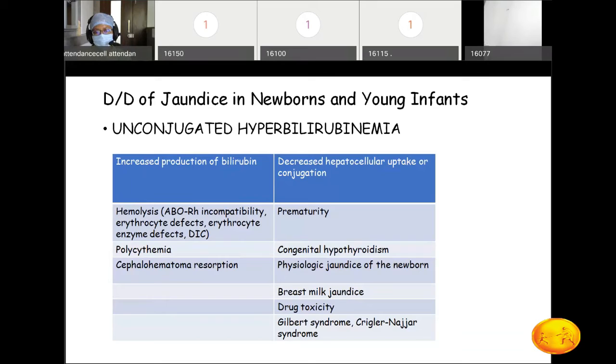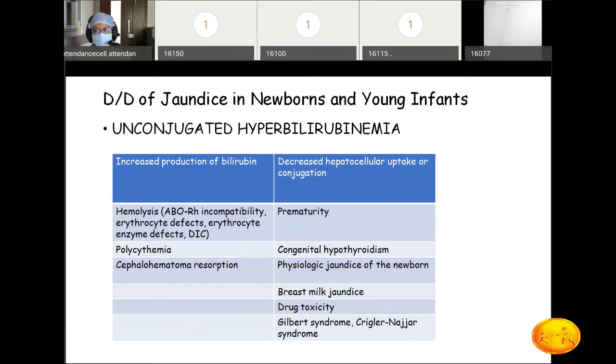You get a hematoma over there, and obviously the RBCs are going to get destroyed there, and there will be increased release of bilirubin from these concealed hematomas inside your body. You might also get muscular bleeds sometimes, or hidden bleeds anywhere in the body, which might result in increased production of indirect bilirubin. So that is one cause of the unconjugated hyperbilirubinemia.